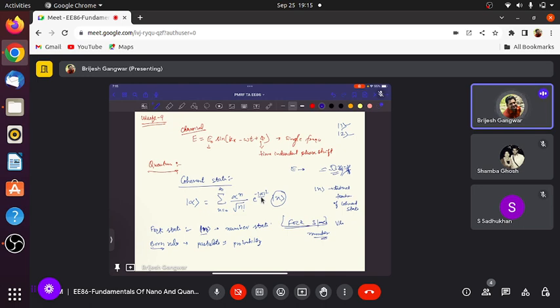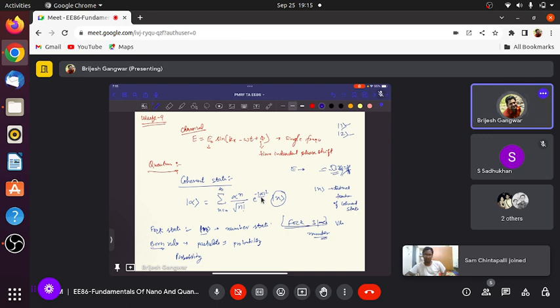In simple form, we can say that it states the probability density of finding a system in a given state.